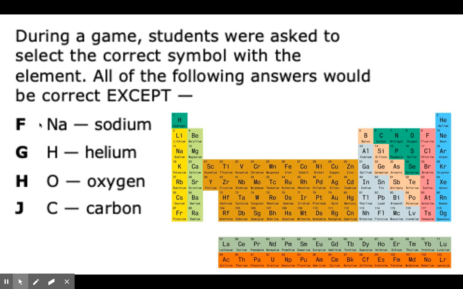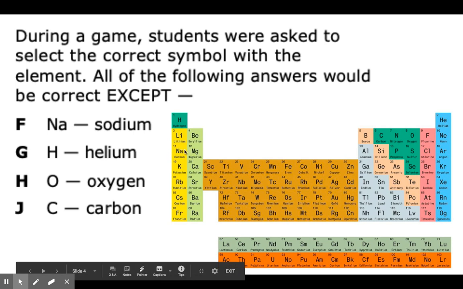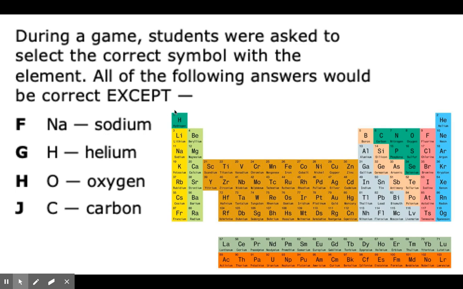Sodium is Na, and if you searched everywhere, you could find Na and it says sodium. So that's a match. So it's not correct because this says except. H, helium. H, it says hydrogen on here. Helium's over here, it's He. So this looks like it's not a match. It doesn't go together.